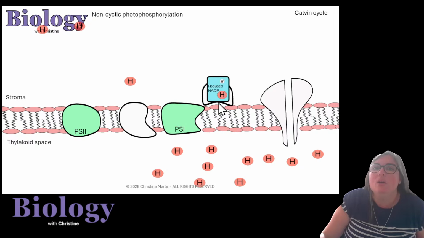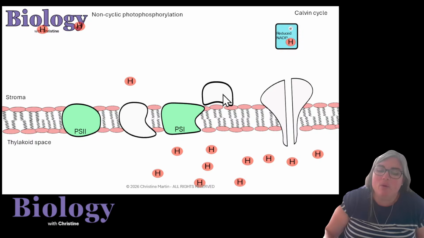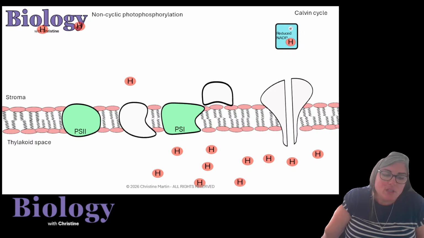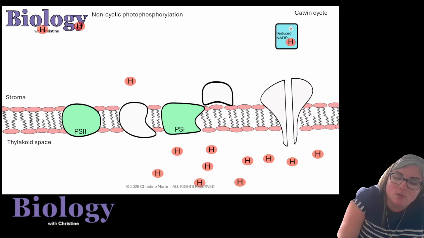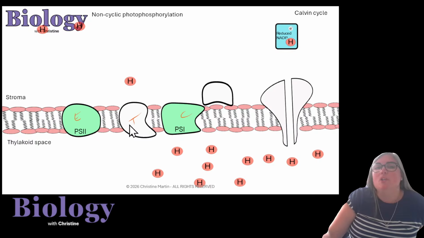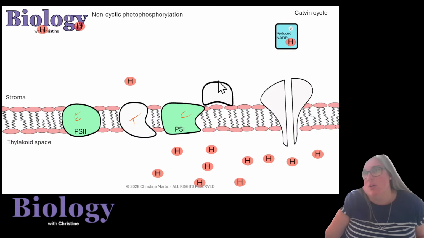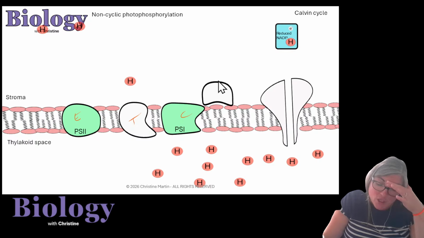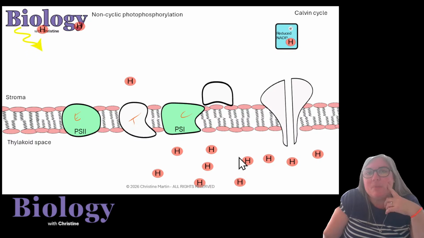When they do, that is going to allow for the electrons to be transported through the electron transport chain. So whether we're talking about this or whether we're talking about respiration, we need to always say about the electron transport chain. Whole point is about these hydrogen ions.